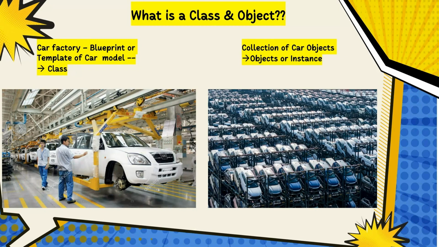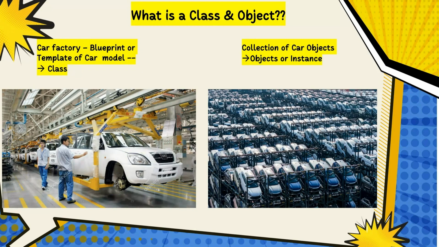So in the real world, when they wanted to start a car factory, they definitely knew that they wanted to produce cars. But just having an imagination will not produce a car. You will have to set up a factory, bring in all the machinery parts, and assemble them together. To assemble them together, you will need a template or a model of how the car should be at the end.